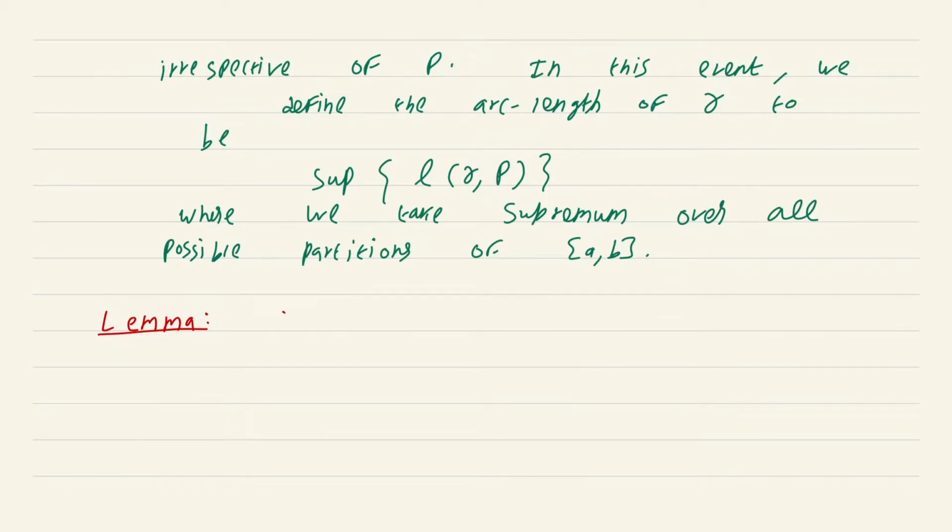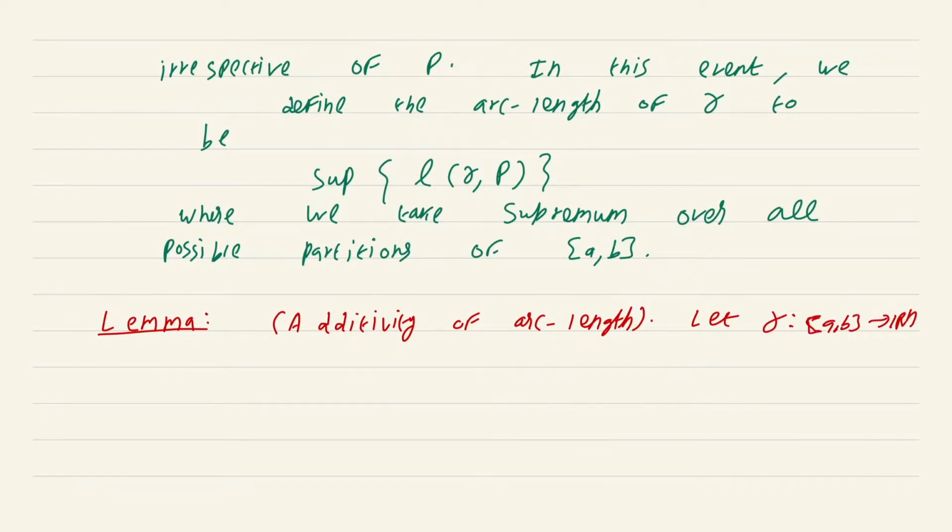So the first lemma is additivity of arc length. This is more or less geometrically obvious but requires a proof. This states the following: let gamma from [A, B] to R^n be a rectifiable curve, and let C be a point in [A, B].